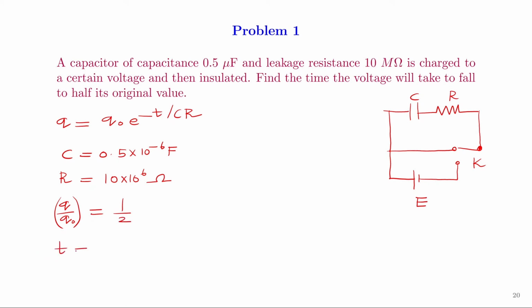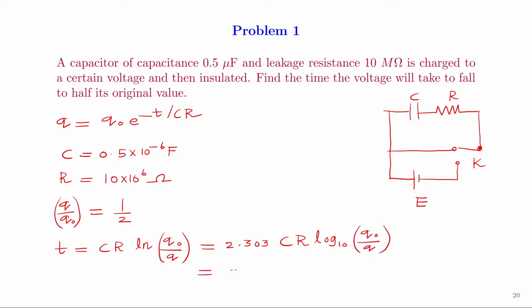Therefore, we have time t equal to CR times natural logarithm of q0 over q, and this is equal to 2.303 times CR times logarithm to the base 10 of q0 over q.